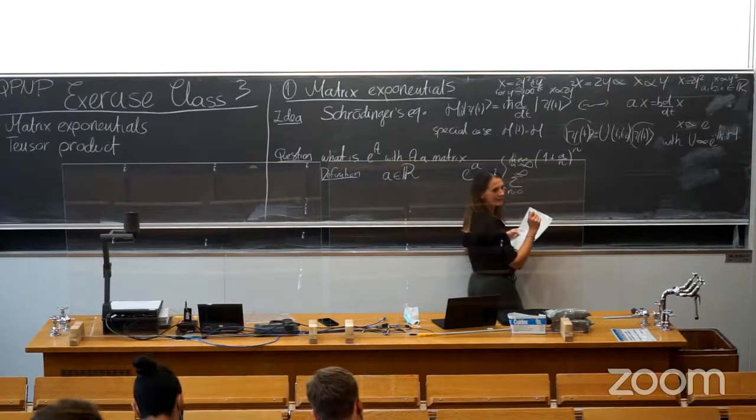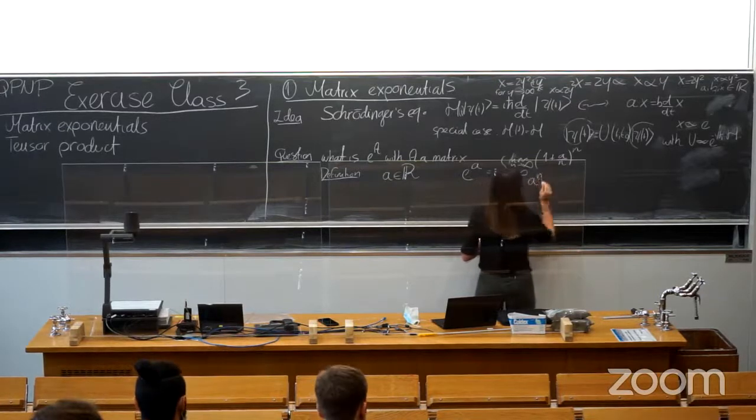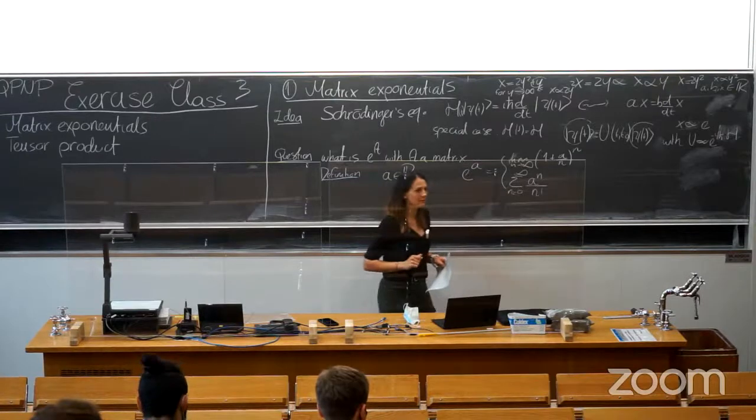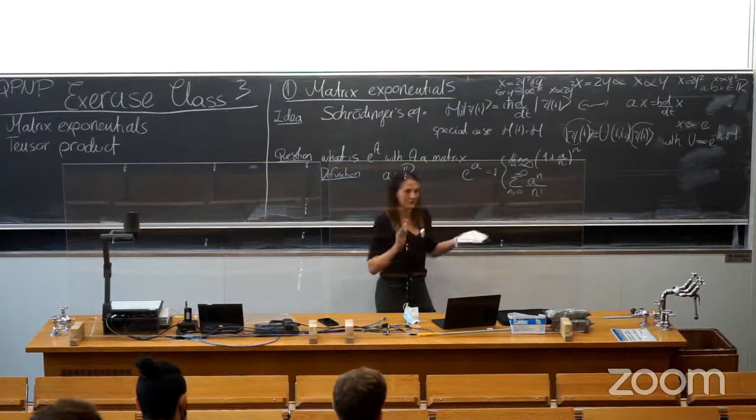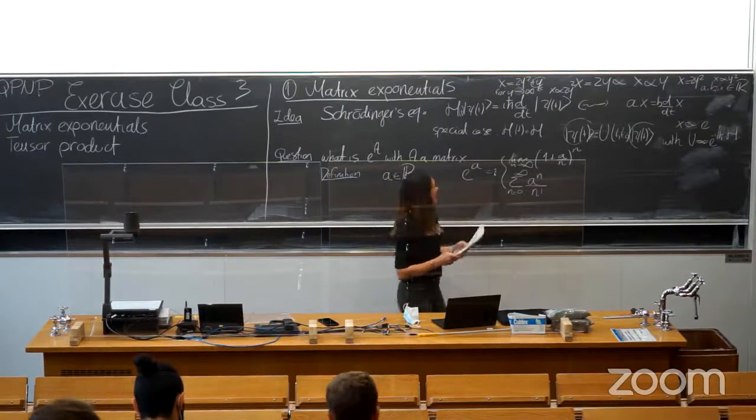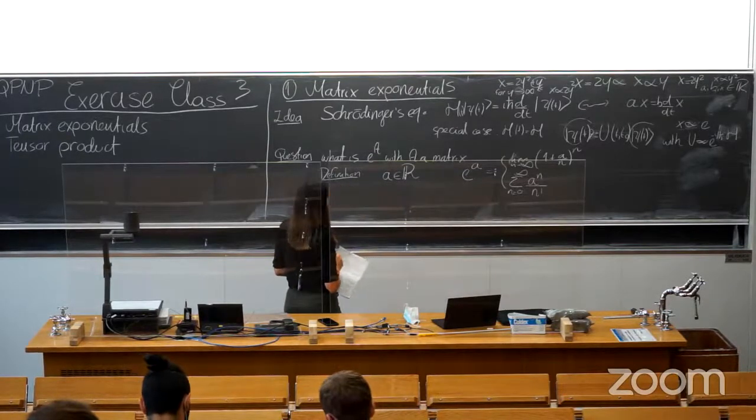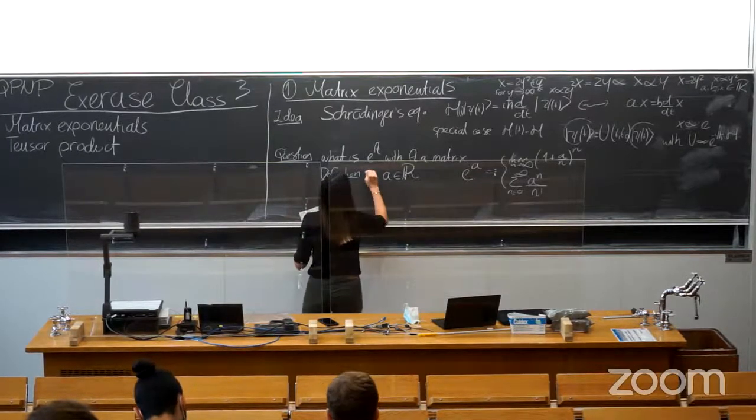And it's a to the power of n divided by n factorial. That's perfect, and this is correct. Or did you want to add something? Okay, so this is for real numbers.